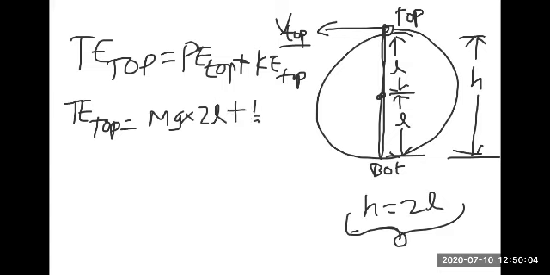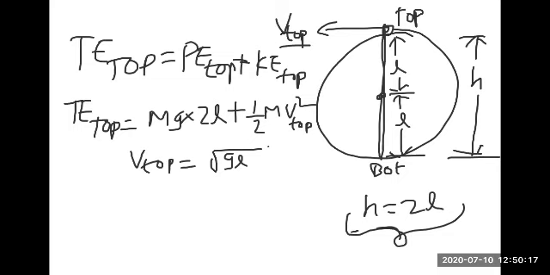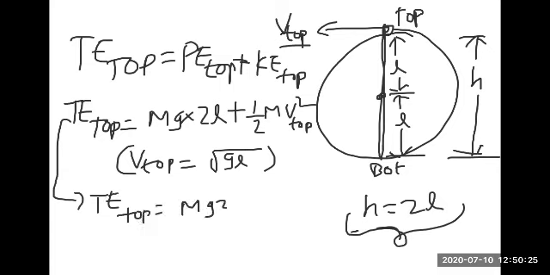Kinetic energy at top is half m v top square. We already derived v top as root GL, so substituting that, total energy at the top is mg into 2L plus half into m into root GL whole square.